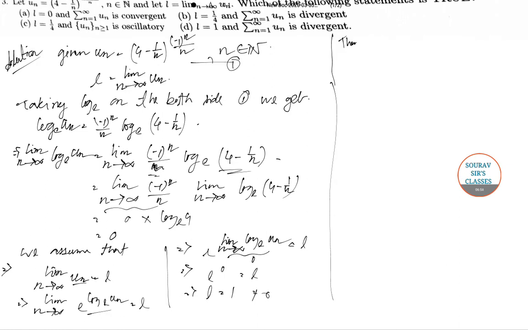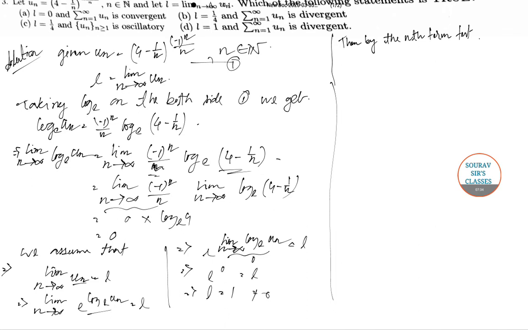Then by the nth term test, we get that the sum over un is divergent, because we know from the nth term test that if limit n tends to infinity of un equals L and L is not equal to 0, then the series, that is the sum over n equals 1 to infinity of un, must be divergent.